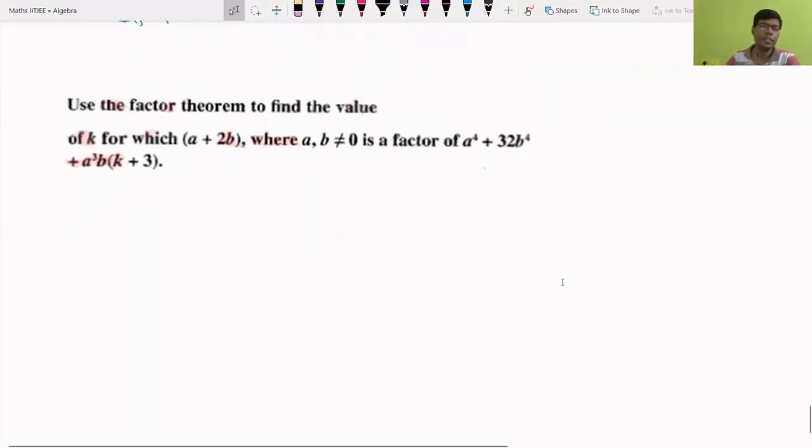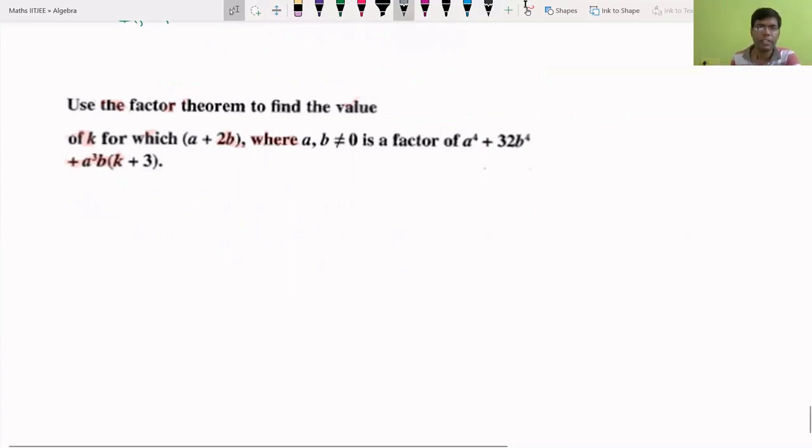Now the question says, use the factor theorem to find the value of k for which a plus 2b, where a and b are not 0, is a factor of this particular expression.